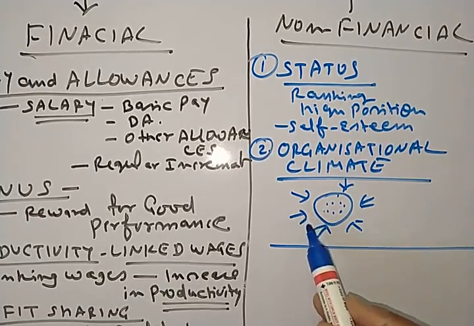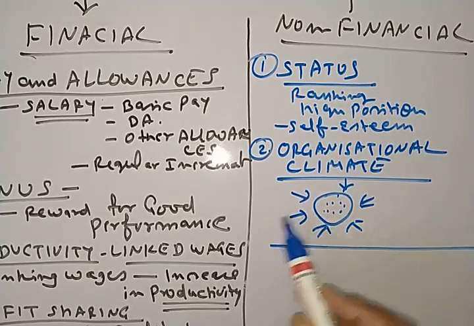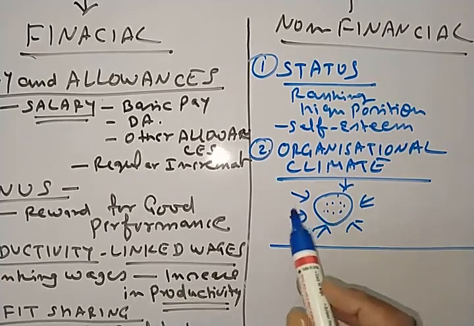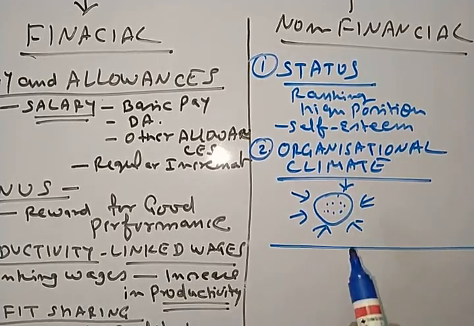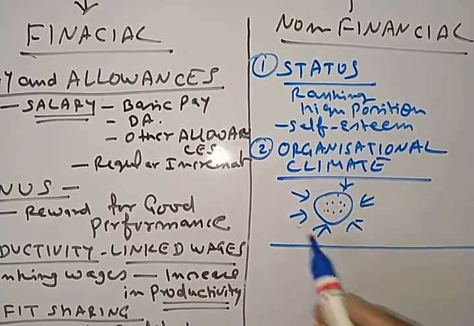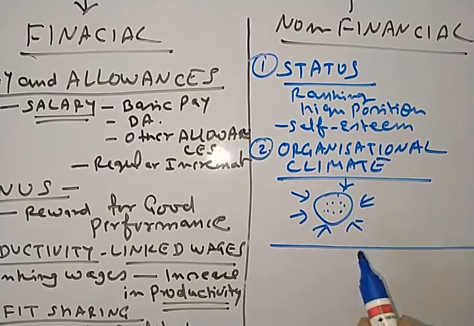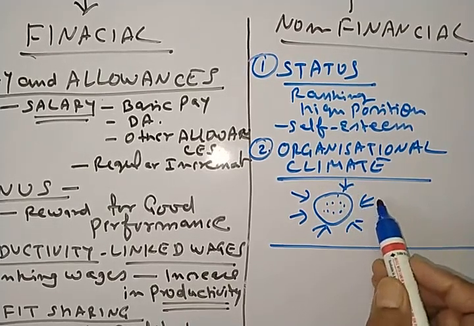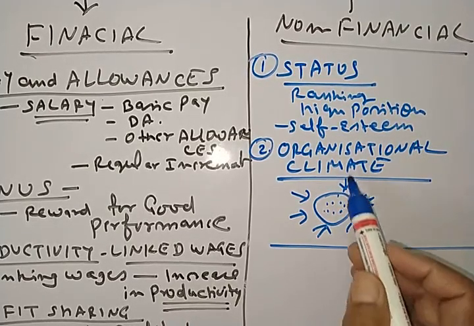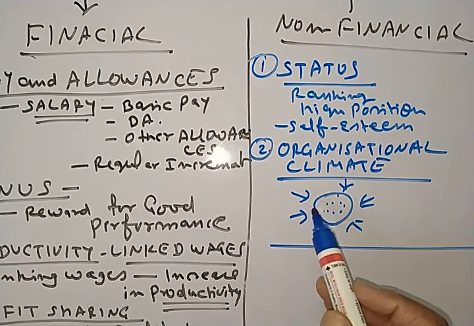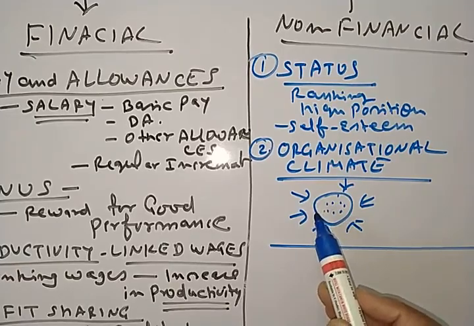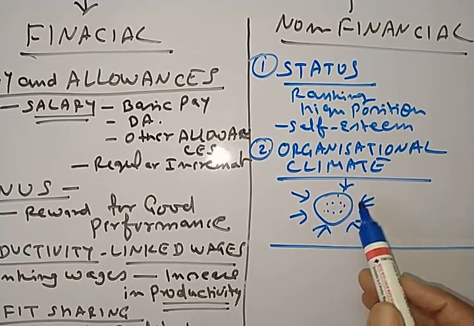Comparison with other organizations is an external factor which gives shape to the climate of the organization. Like this, there can be government policies, state government policies, local authorities' interference.